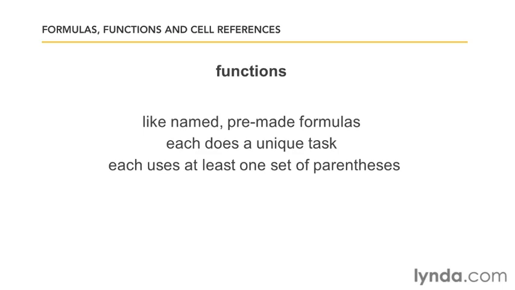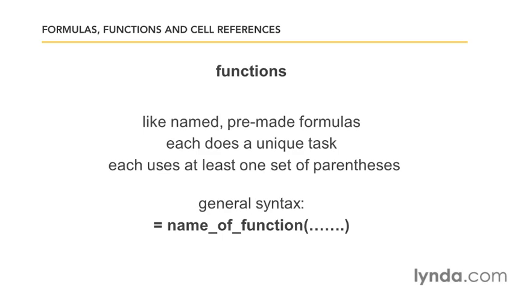Let's take a look at the syntax. The general syntax of a function is you have the equal sign, we know that. Then you have the name of the function, and then you have at least one set of parentheses. Now, in the parentheses, some functions will have a lot inside. There are some functions that have nothing inside the parentheses, but you have to have at least one.